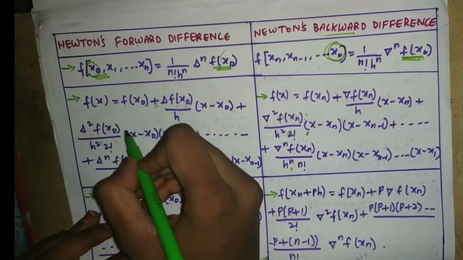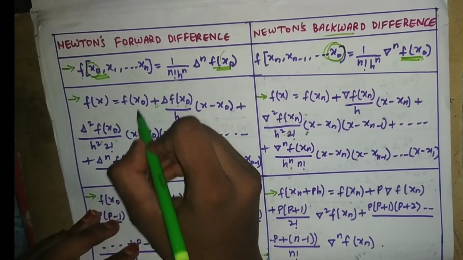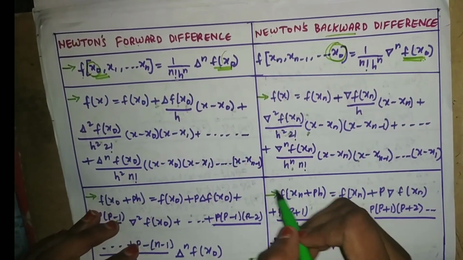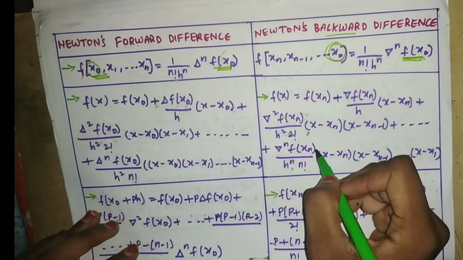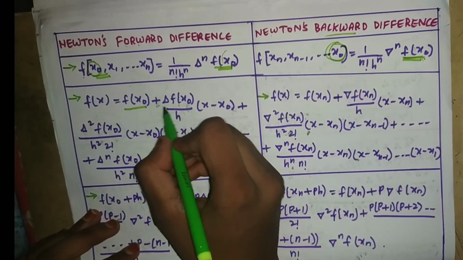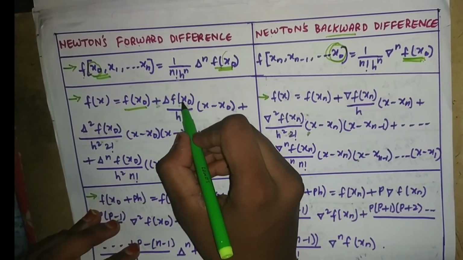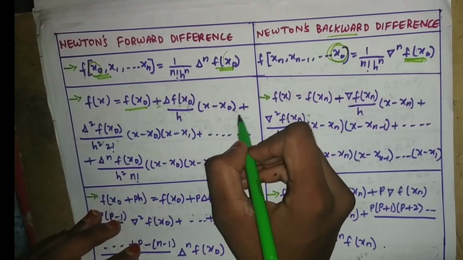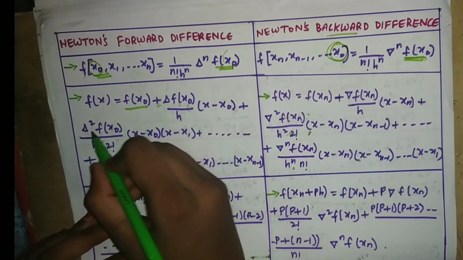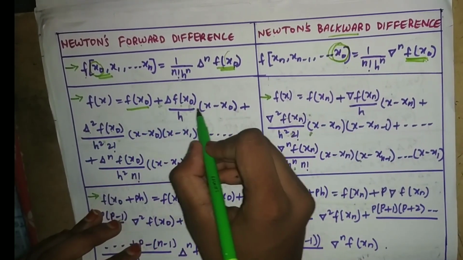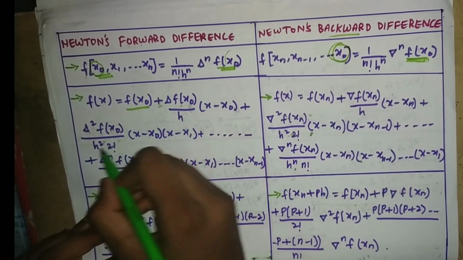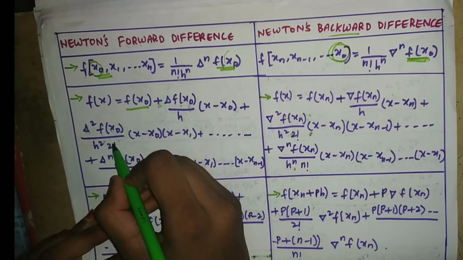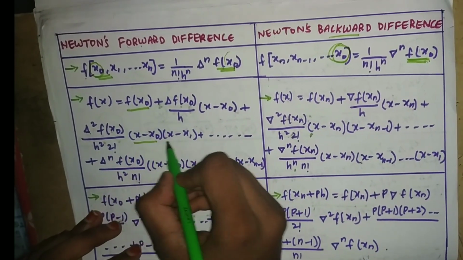Next, f of x is equal to f of x0. So this is the other way of representation of the formulas. So you can see the basic difference between them. f of x0 plus del f of x0 by h into (x minus x0) plus del square f of x0 divided by, you have to increase the power by 2 and 2 factorial, and since you have 2 factorial you have to divide the terms by 2.